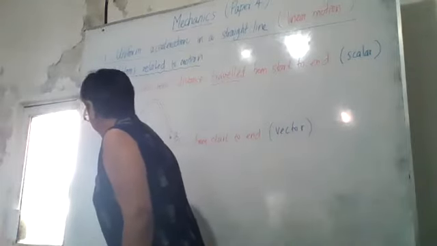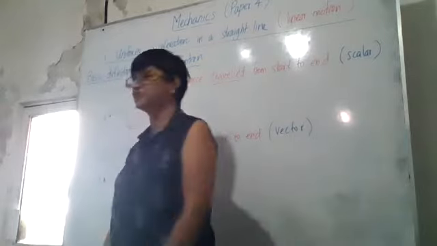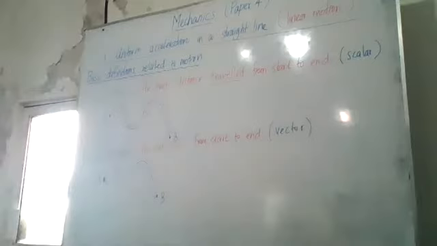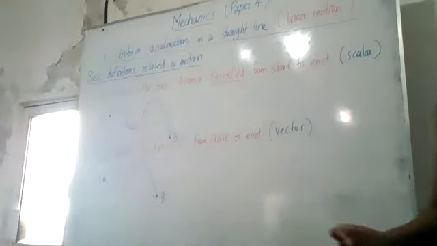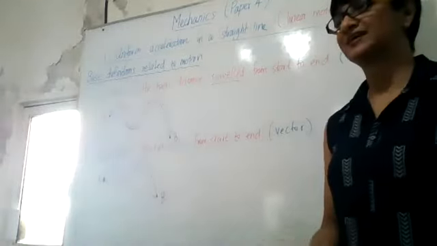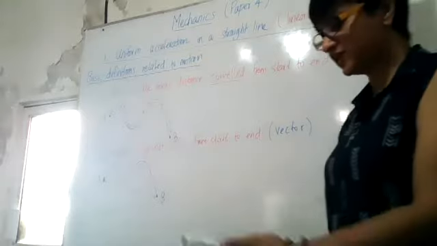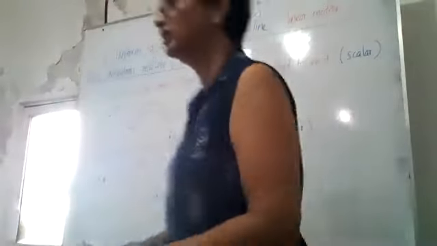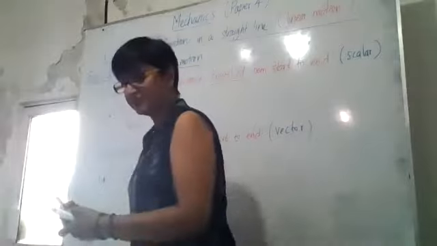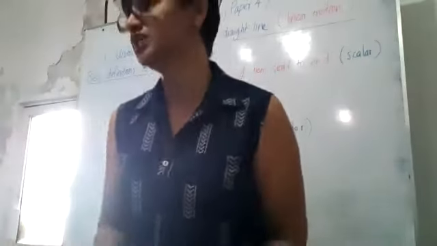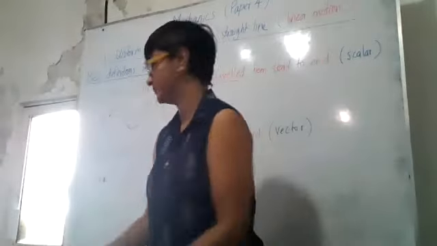Third quantity related to motion is speed. When something is moving, you can talk about the speed of the thing that is moving. How fast is it moving? In 1 second, how many meters is it moving, right? Speed is distance traveled per unit time, some unit of time.